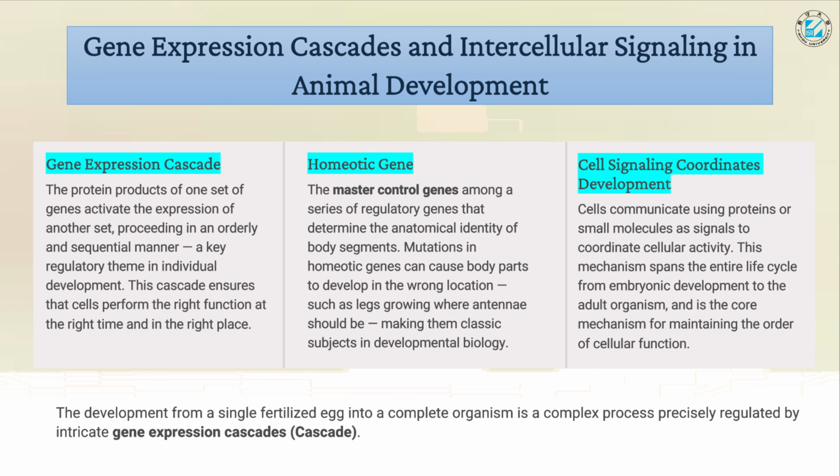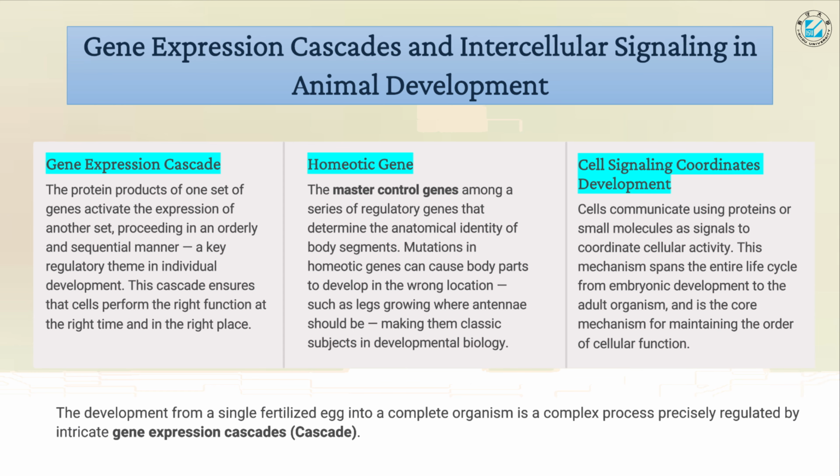The development of an organism from a single fertilized egg into a complete body is one of the most remarkable biological processes. This process requires precise regulation of gene expression. Cells must know when to divide, when to differentiate, where to migrate, and what function to perform.